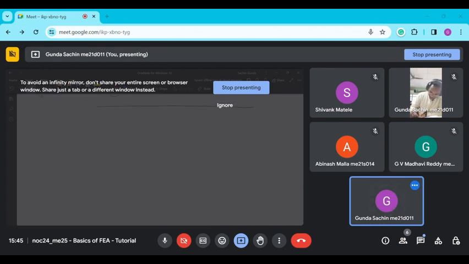The problem is something like this. It's a vertical bar, and on top there is a distributed load of 20 kilonewton per meter square acting.